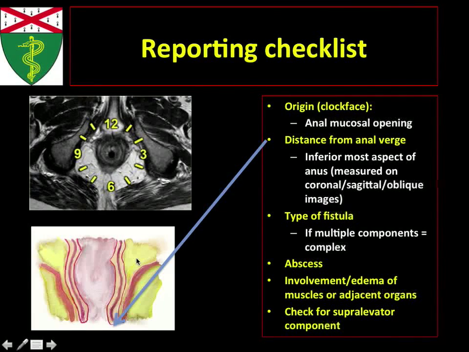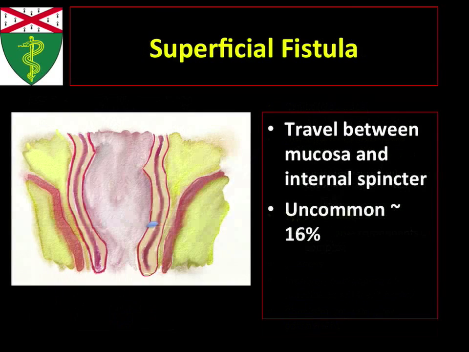And once you start to enter the pelvis, the chances of that infecting organs and other structures in the pelvis is more likely, obviously, and the chances of those infections being more aggressive is more likely. So that's something that the colorectal surgeons may want to act upon a little bit faster. So we'll go through this at the end as well. All right, so let's start talking about our types of fistulas.